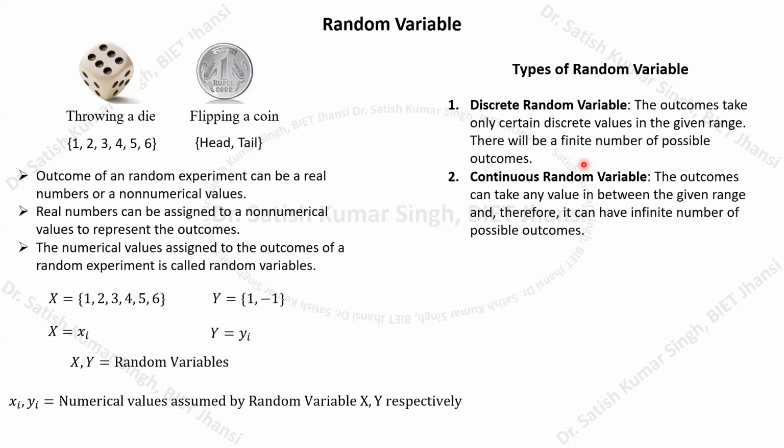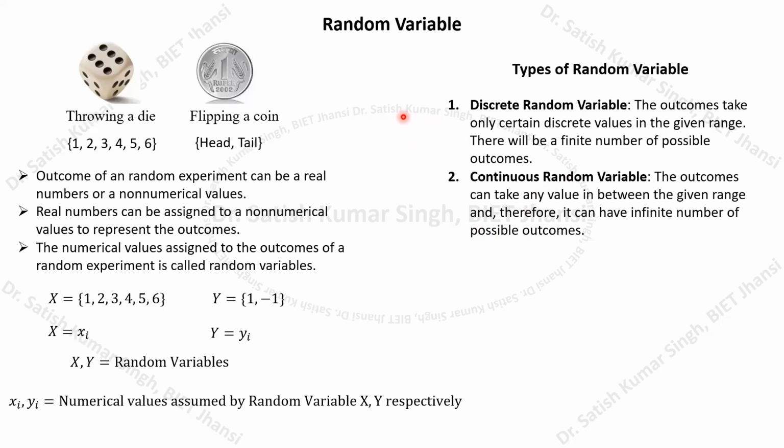Similarly, in the case of a continuous random variable, if we have a certain range, then it can take any value in between that particular range. For example, if a random variable takes a range from 0 to 10, then in between 0 to 10 it can assume any value.